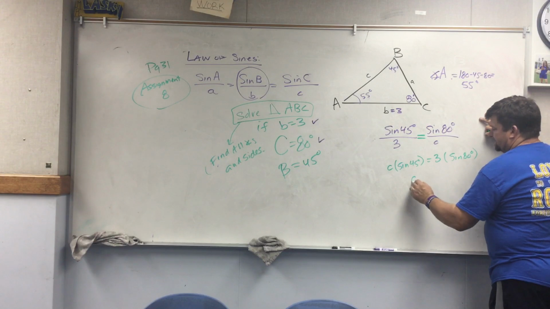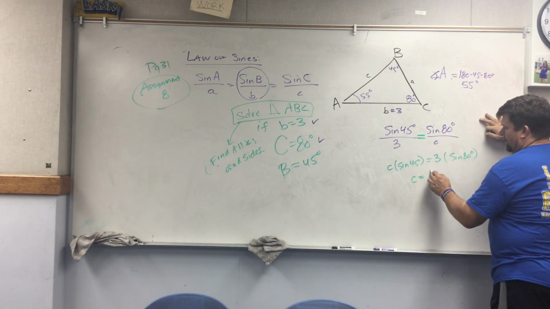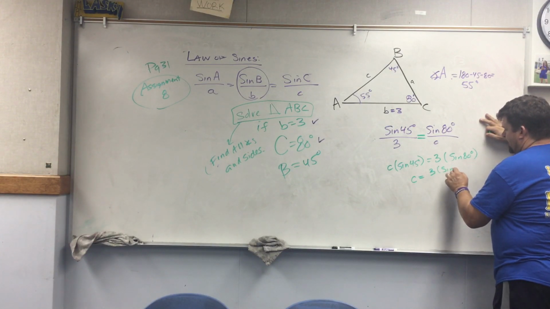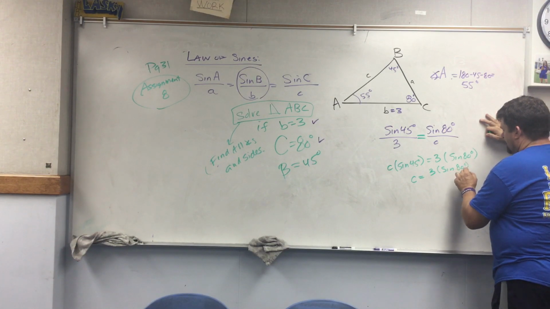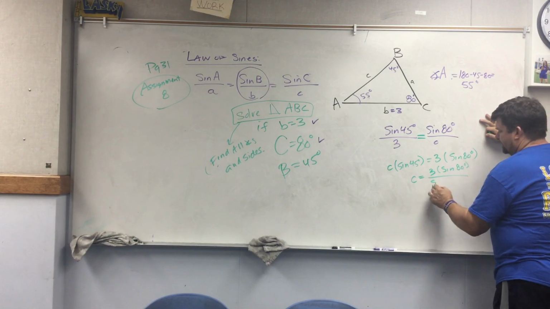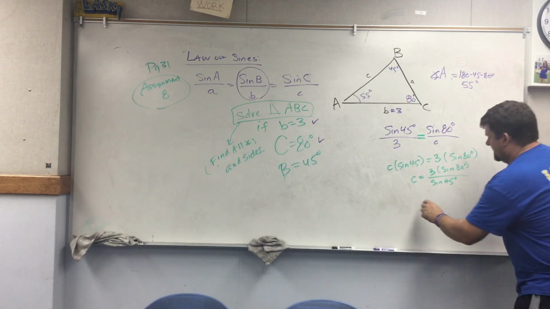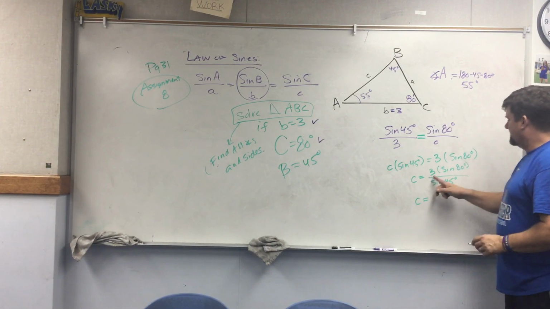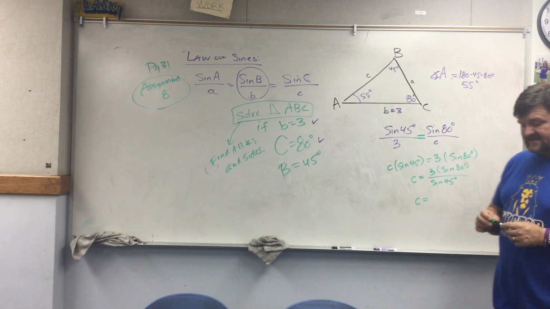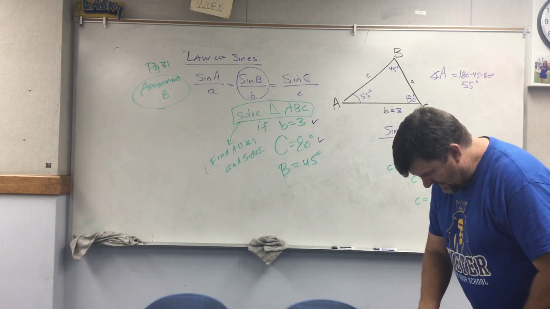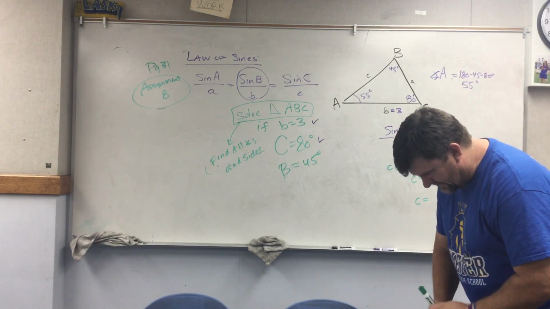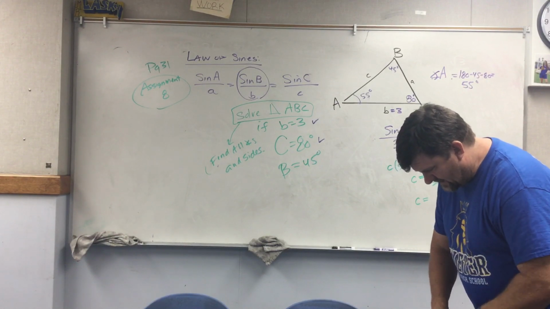So then c is going to equal 3 times the sine of 80 degrees divided by the sine of 45 degrees. So if I put that in my calculator, 3 times the sine of 80 degrees divided by the sine of 45 degrees, I get a side, what am I looking at here?